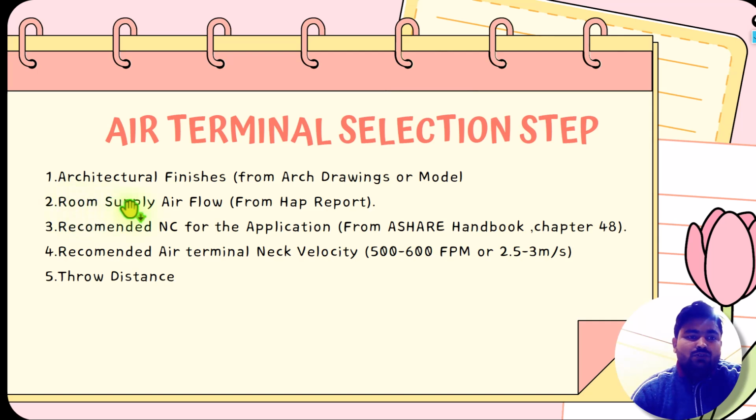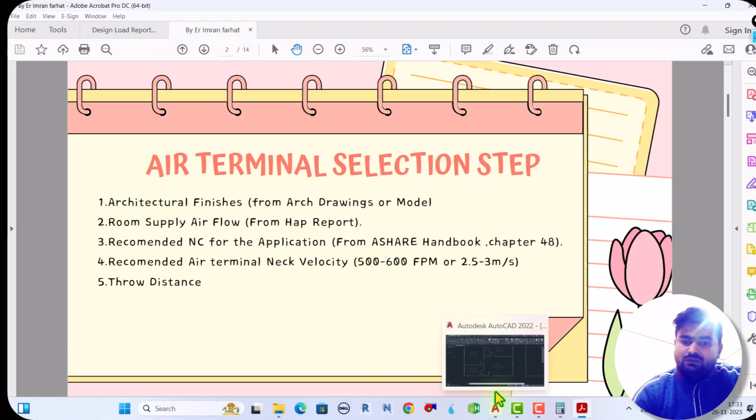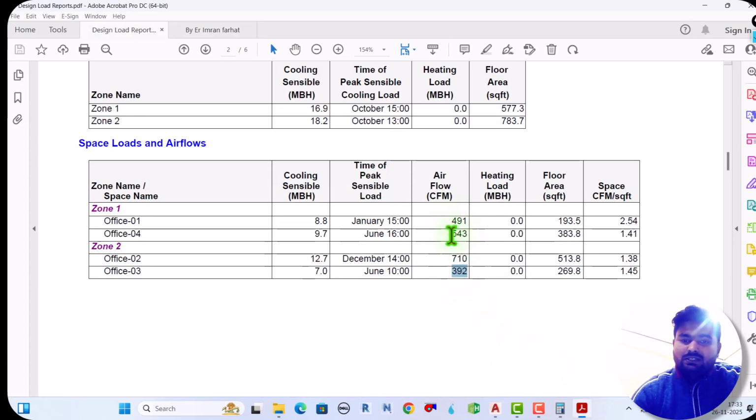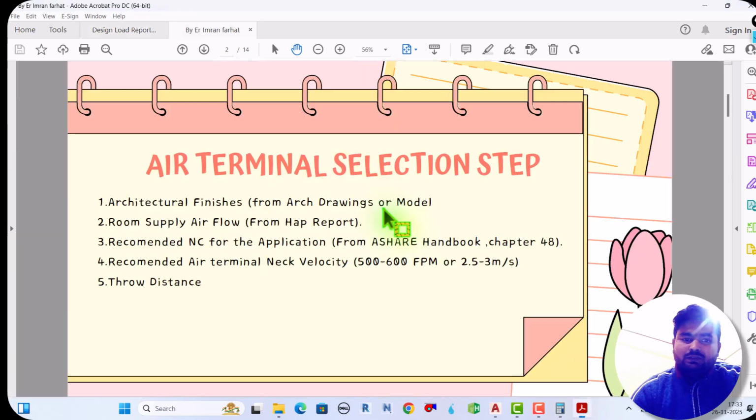And second is the room supply airflow, which I showed you from the report. So first, the architectural finishes, that is, which type of ceiling is given.